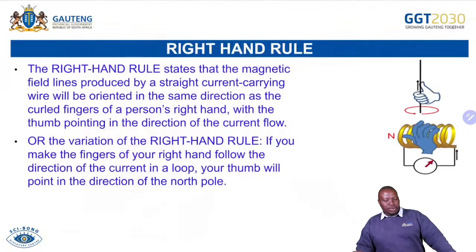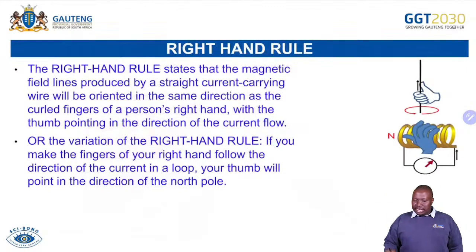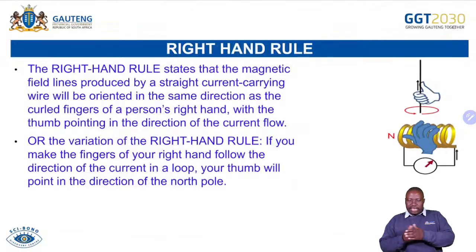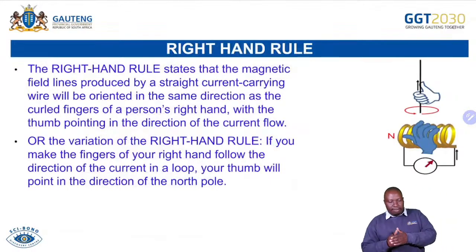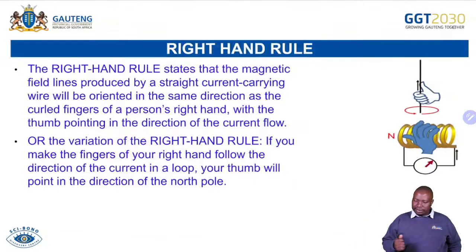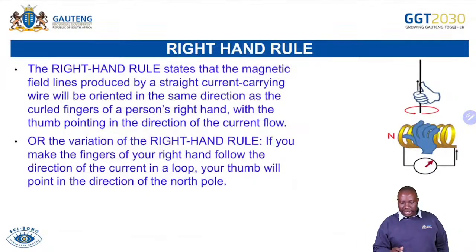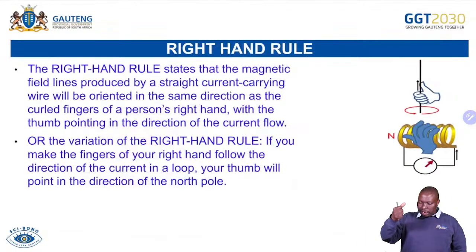And the right hand rule states that the magnetic field lines produced by a straight current carrying wire will be oriented in the same direction as the curled fingers. The curled fingers are showing you the magnetic field lines, as the curled fingers of a person's right hand, holding like that.